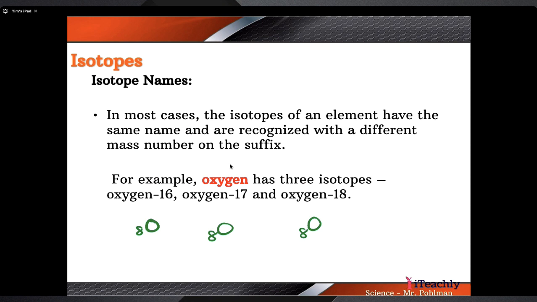When we're writing out the different isotopes, we put the mass number up top. We'd have 16, 17, and 18. What's the similarity here? They all have 8 protons. They all have 8 electrons. But the masses are different. This one has 8 neutrons, this has 9 neutrons, this has 10 neutrons. So the masses are different.